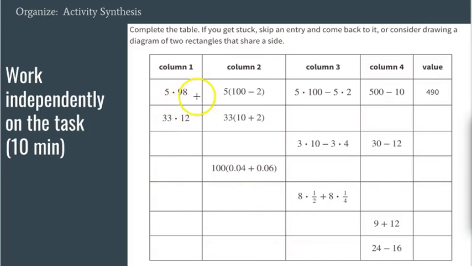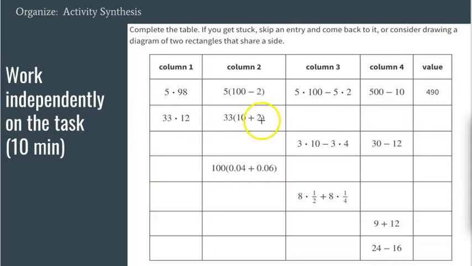Like, so here what they're saying is you could do 5 times 98, which would be the same as 5 times 100 minus 2, which would be the same as 5 times 100 minus 5 times 2, which is also the same as 500 minus 10, right? Because the 5 times the 2 and then the 5 times the 100, you still get 490, excuse me.